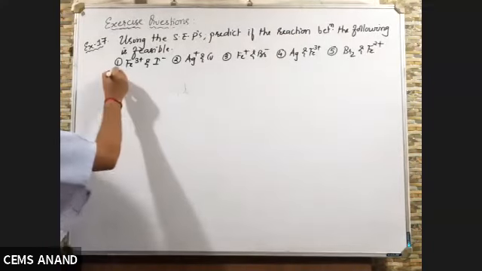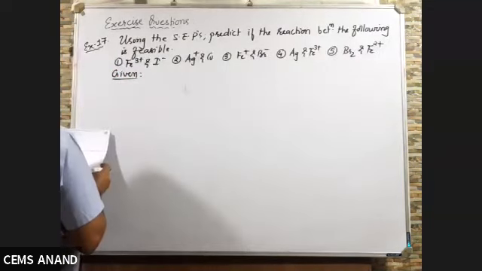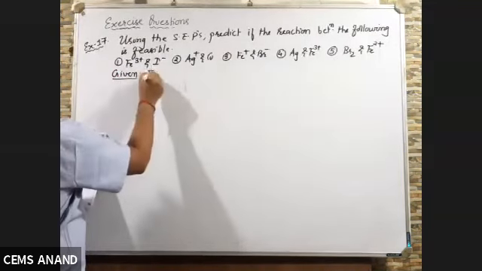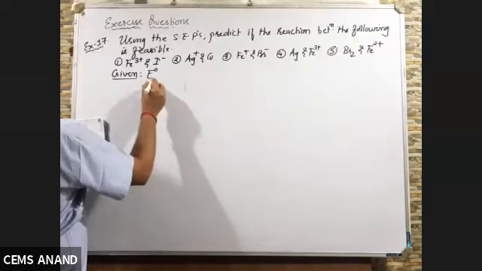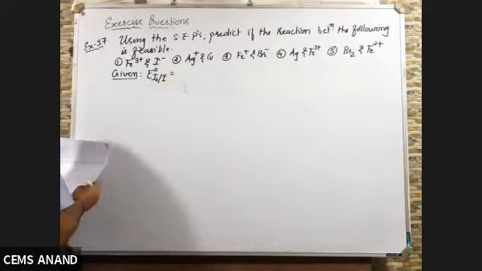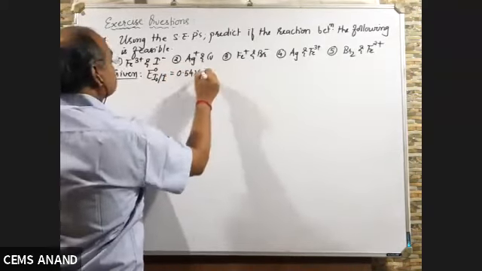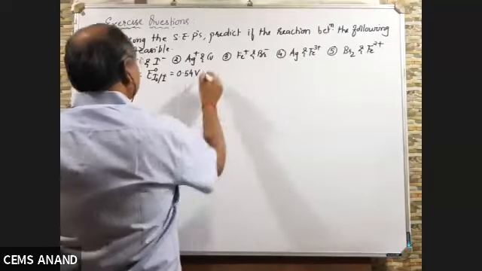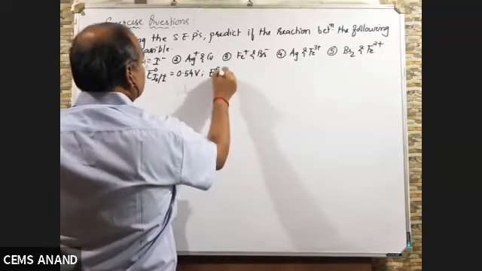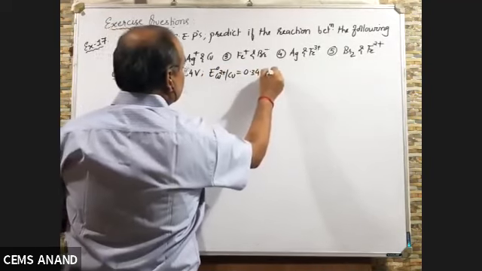Right. Given E0 of I2 oblique I- is 0.54 volt. E0 of Cu2+ oblique Cu is 0.34 volt.